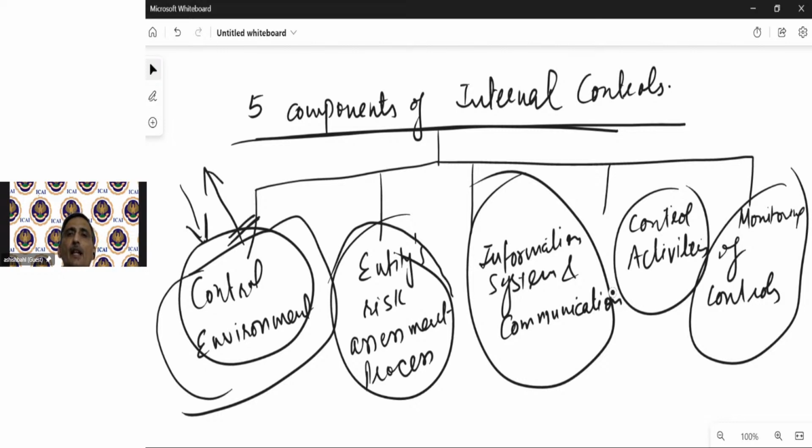So if there is no risk assessment strategy, no risk assessment process to deal with this, then obviously it would impact the reliability of financial reporting. You will say how? Say the company is not able to survive this downturn in the business, and it is preparing its accounts on a going concern assumption, that the business is likely to continue in the foreseeable future.